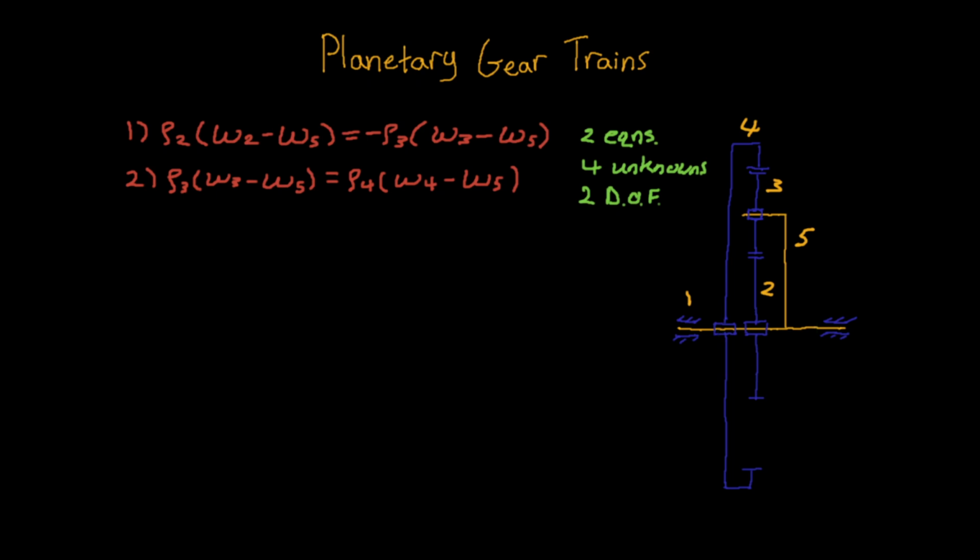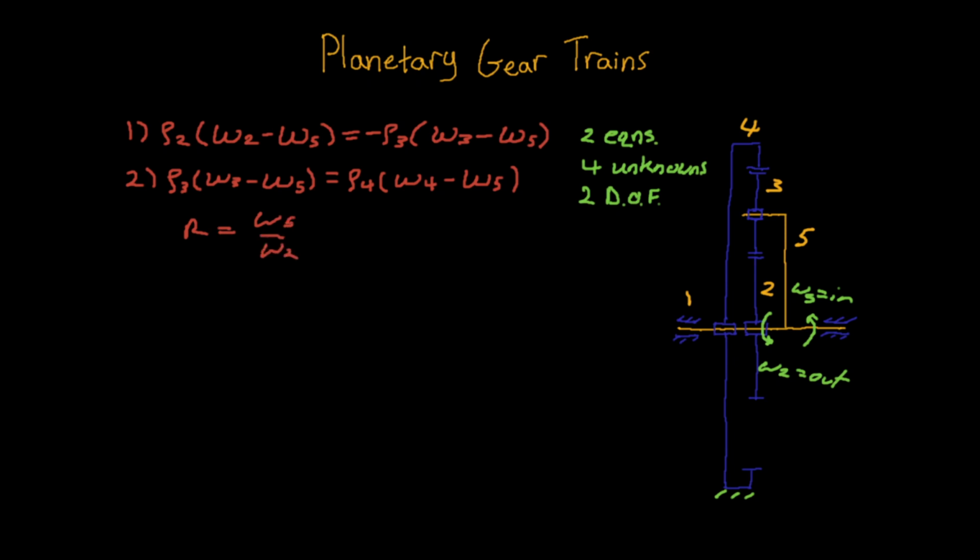Let's say that gear 4 is fixed, and the shaft is an input, so omega 5 in, and gear 2 is the output, omega 2 out. The gear ratio would be R is equal to omega 5 over omega 2.